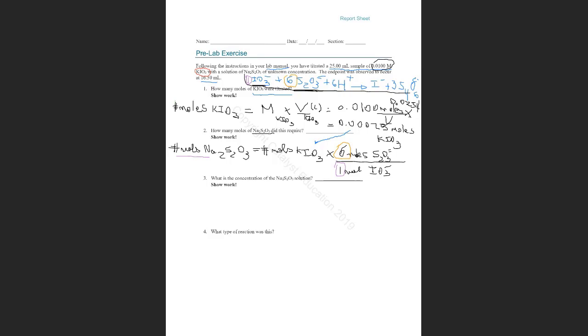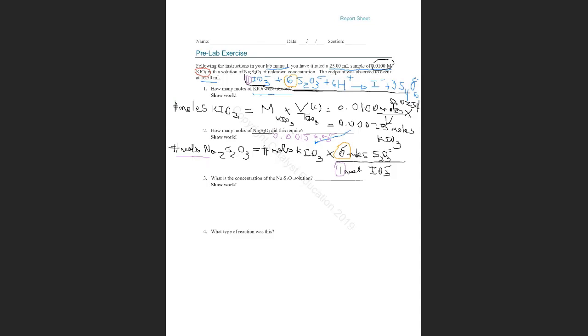So my answer will be, in this case, when I do the calculations, I obtain 0.0015 moles of thiosulfate. Very good. This is a good practice. Let's go and look at the next one.